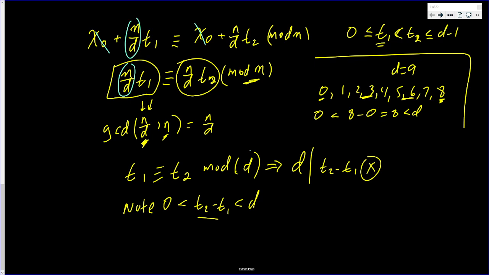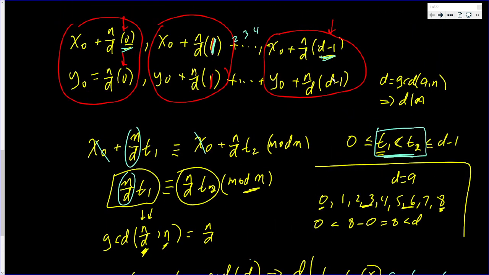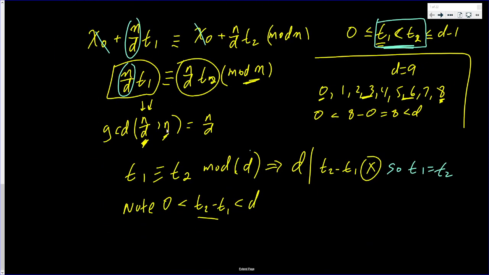So the real question is, what is it contradicting? It's contradicting that T1 is in fact less than T2. So T1 is equal to T2. And that's exactly what I wanted to show. I wanted to show that if any two of these were congruent to one another, they were actually the same one. And we just showed that.